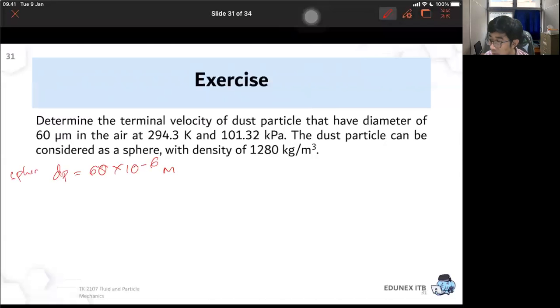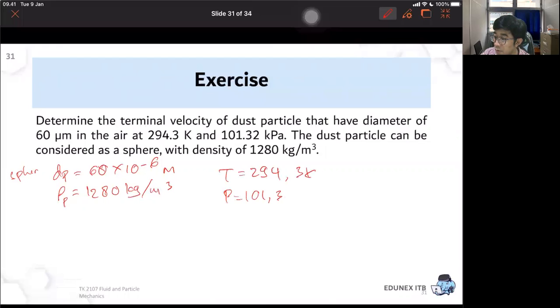Then the density of the particles is this one. Air has a temperature and pressure, in kilopascal. From this you can calculate the density of air.